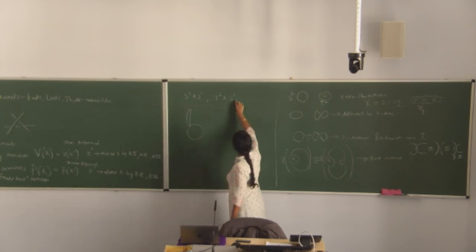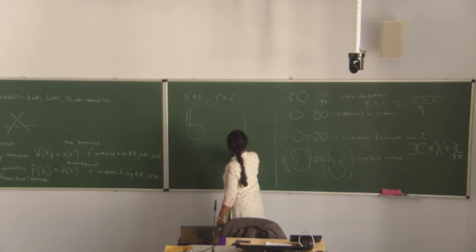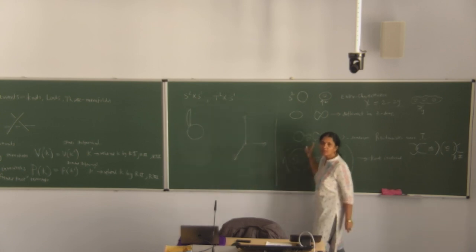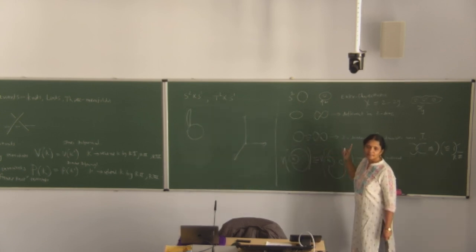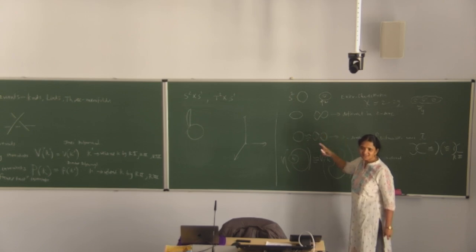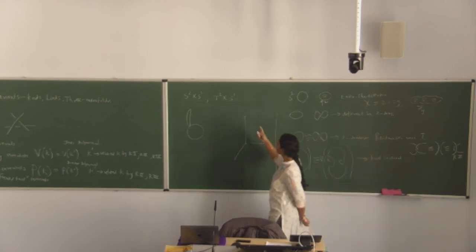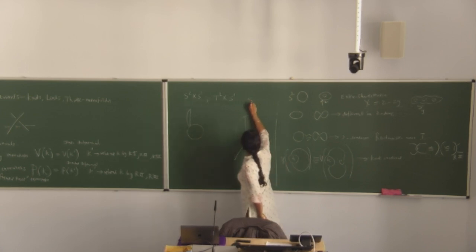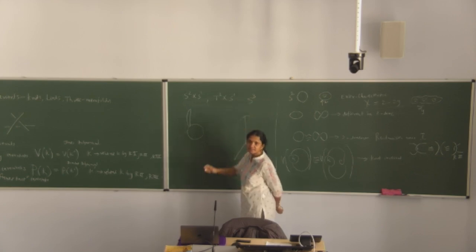T2 cross S1. There is also situations where you can take an R3 and identify all the points at infinity. If you did it for R2, what will you get? You get the S2, right? So the same thing you can do here with identifying all the points at infinity, and that you can call it as S3.